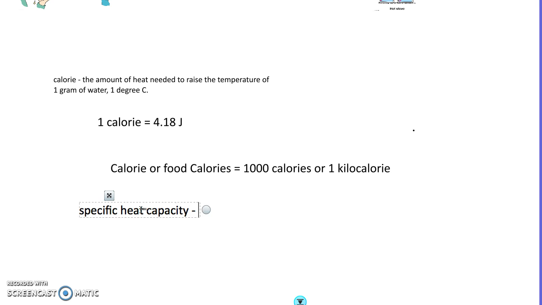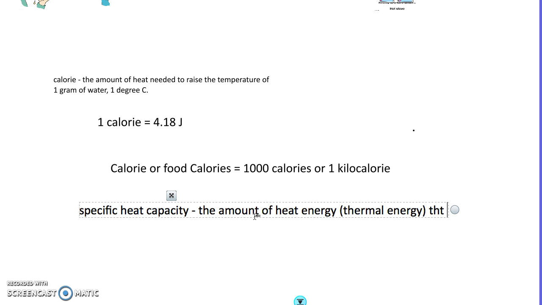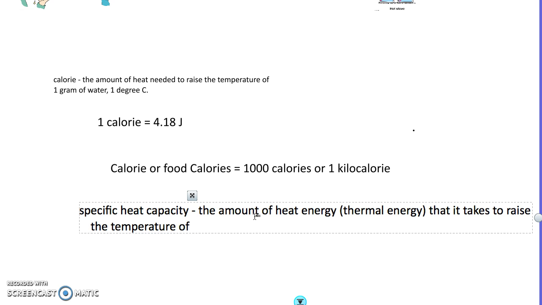And what this is, is the amount of heat energy, or thermal energy, that it takes to raise the temperature of 1 gram of a substance 1 degree Celsius.